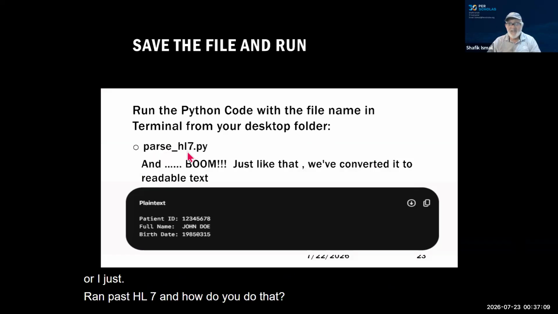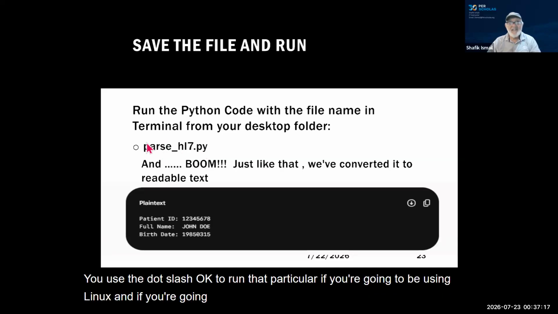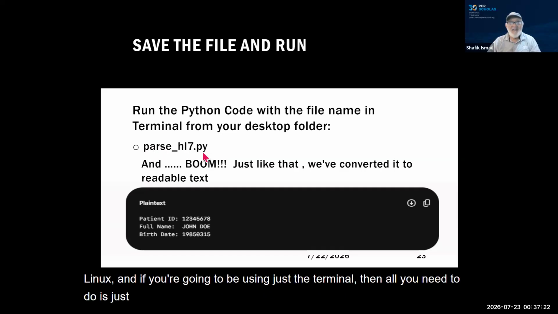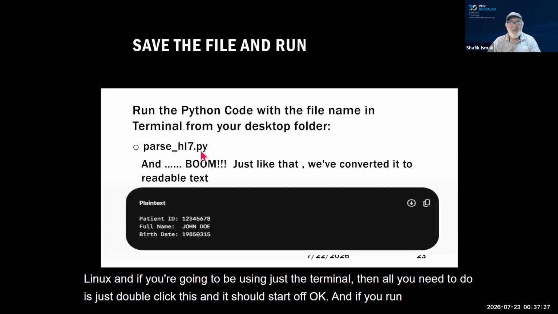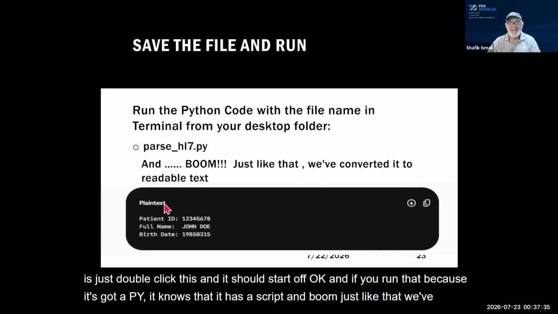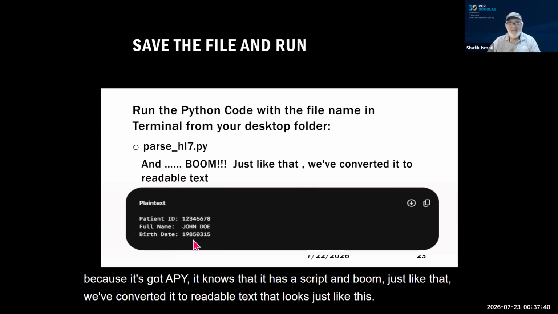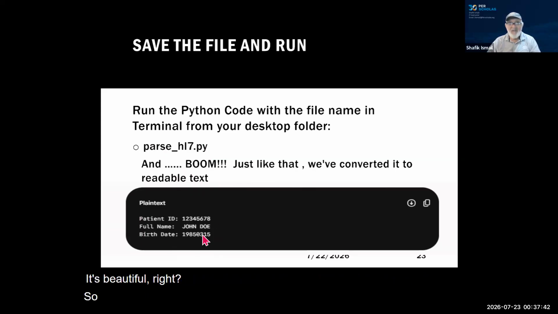You use the /, okay, to run that particular script, if you're going to be using Linux. And if you're going to be using just the terminal, then all you need to do is just double click this and it should start off. Okay, and if you run that, because it's got a PY, it knows that it has a script. And boom, just like that, we've converted it to readable text that looks just like this. That's beautiful, right?